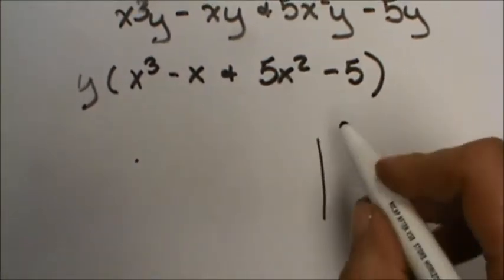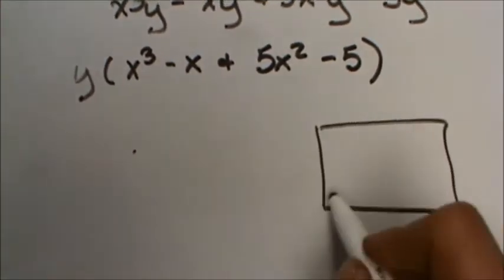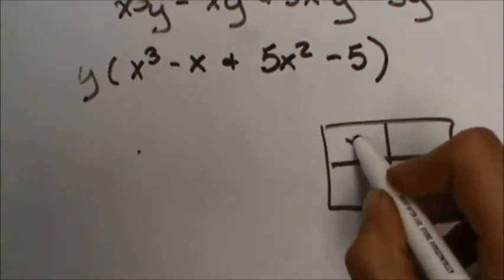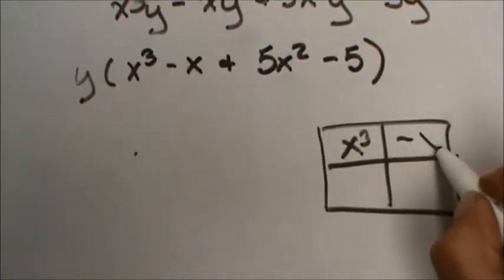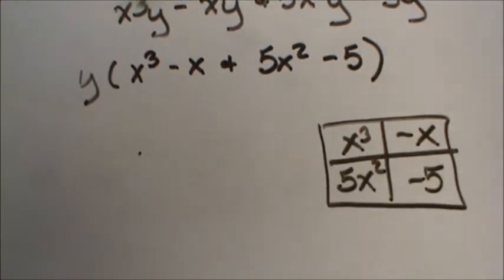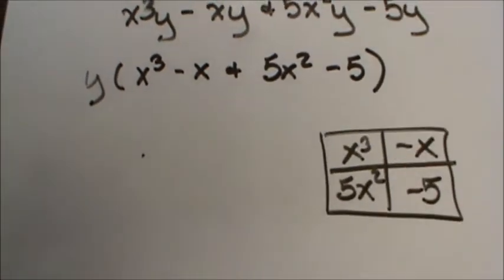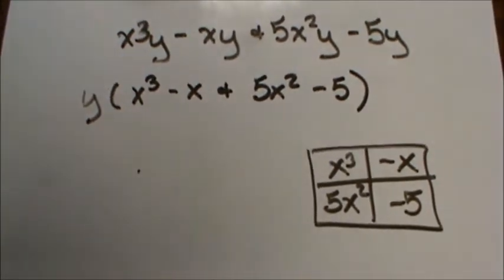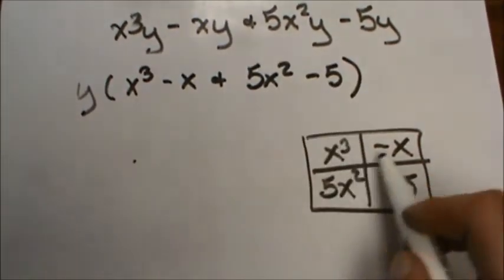So let's go over here and see what those factors may be. Remember, when you're using a factor box to do 4 terms, you need to keep them in order. I went left to right here.